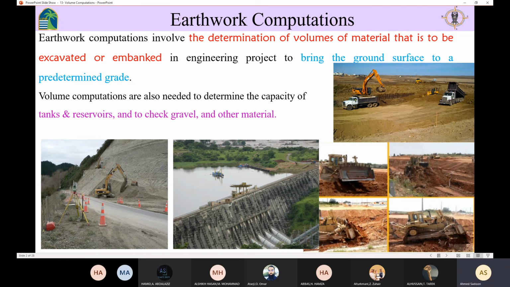So this process is very important. For example, here we have this reservoir. In order to know the capacity of this reservoir, volume computation is going to help us.